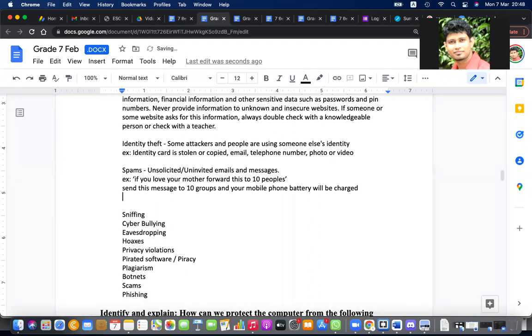Then you send this message to 10 and see whether your mobile phone is charging. But these are unsolicited, uninvited emails. So please be aware, don't forward this.